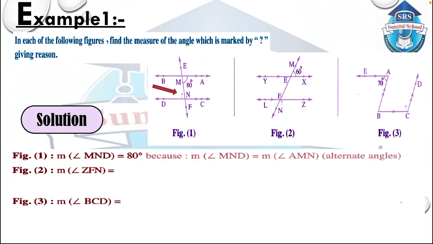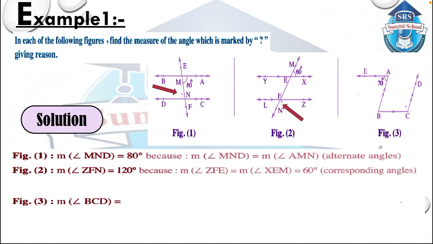Great. Let's go to figure number 2. Measure of angle ZFN. It will be supplementary with the angle MEX, so it will equal 120 because it's a corresponding angle.